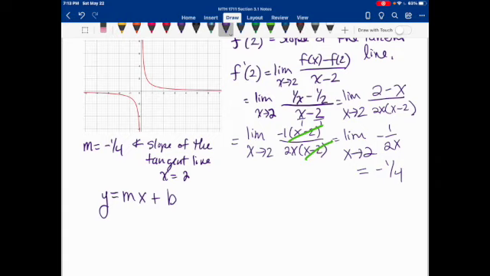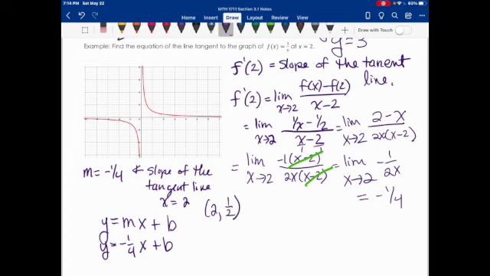here's my general formula of a line. I'm going to plug in -1/4 for my m, because that's the slope. And now I need to plug in something for x and y. So when x is 2, my corresponding y value is going to be 1/2, because the function is 1 over x, so when I plug in 2, I get 1/2.